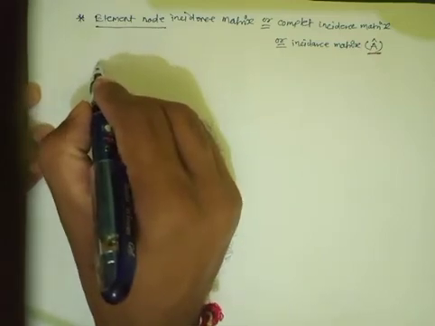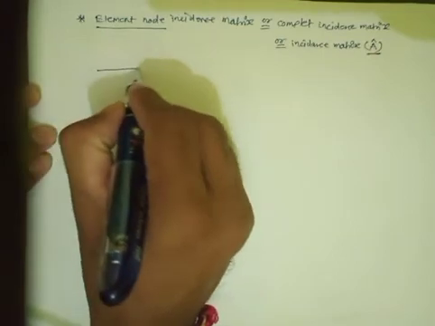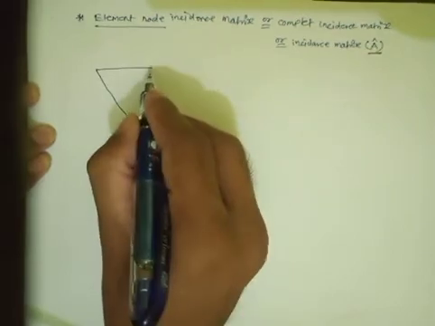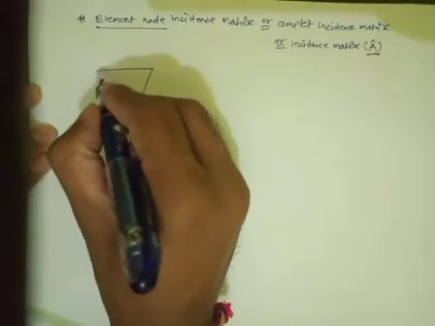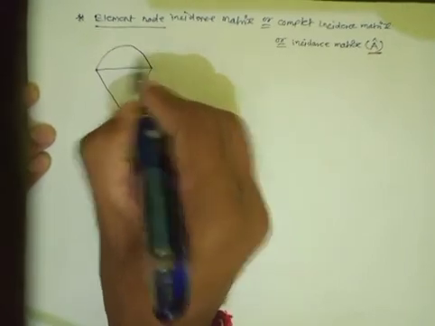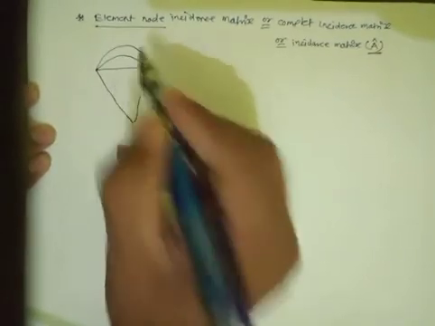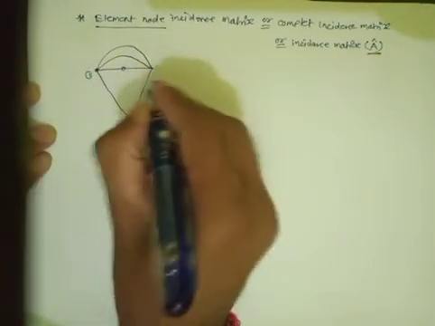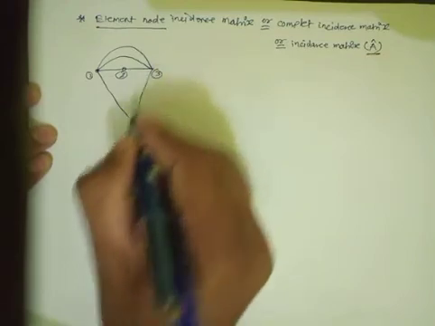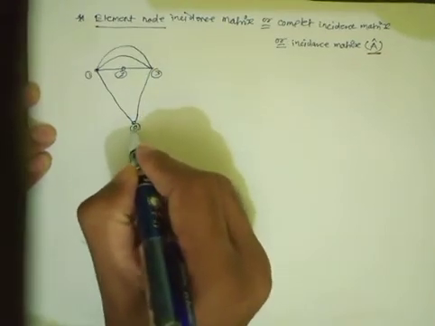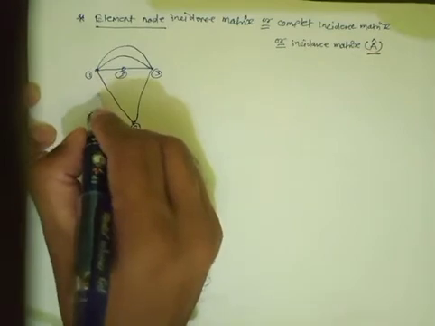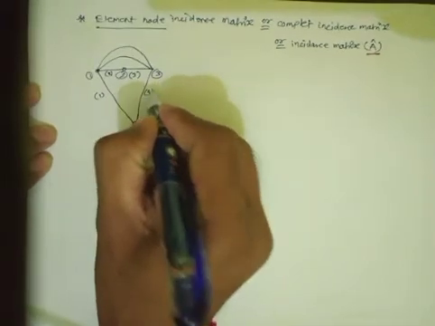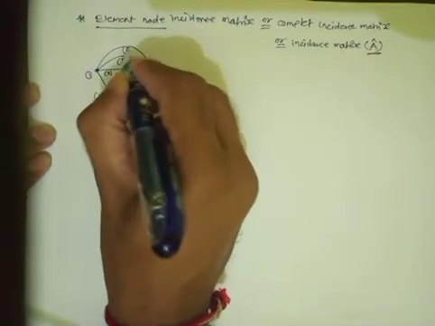Okay, so this was the oriented graph which has six branches and four nodes: node number 1, node number 2, node number 3, node number 0, that is your reference node. Okay, so this was branch 1, branch 2, branch 3, branch 4, branch 5, and branch 6.